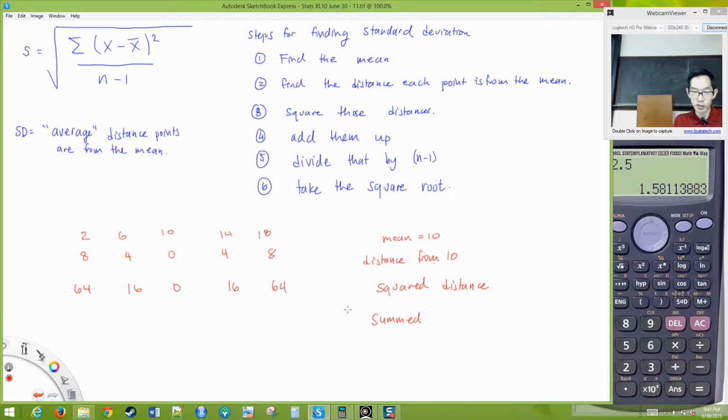Summed. So here I will list off each step. Step 1, step 2, step 3, step 4 would be 64 plus 16 plus 0.